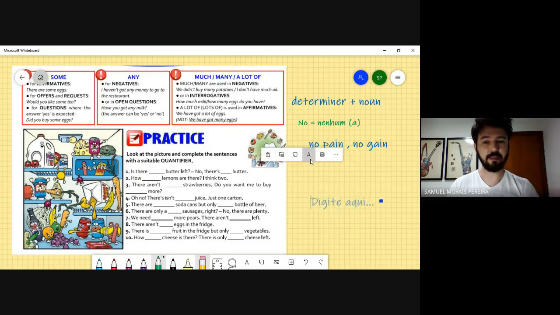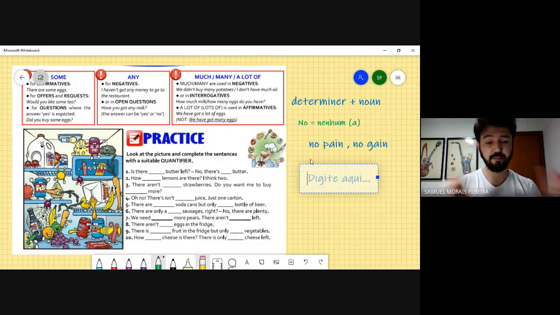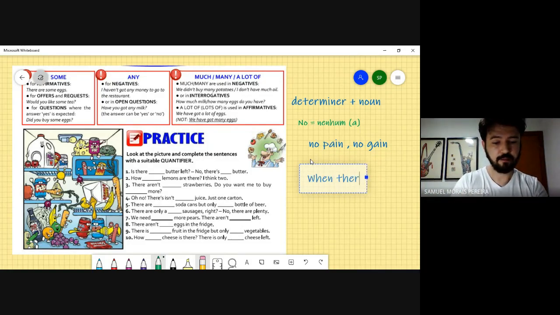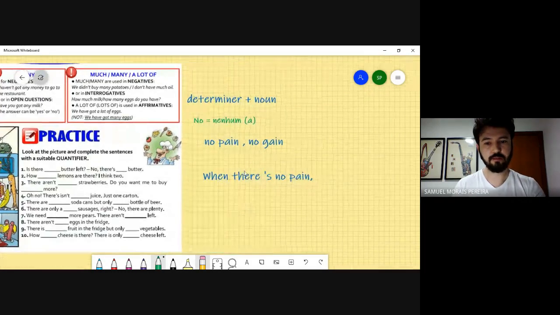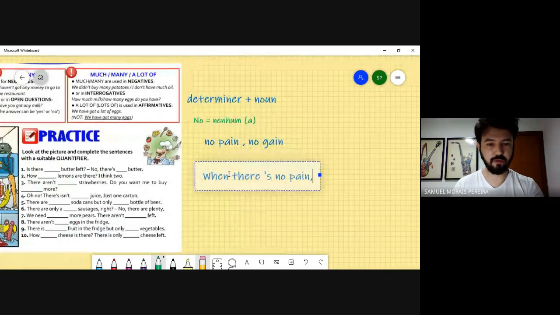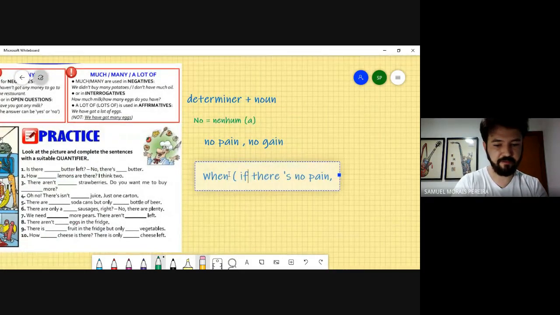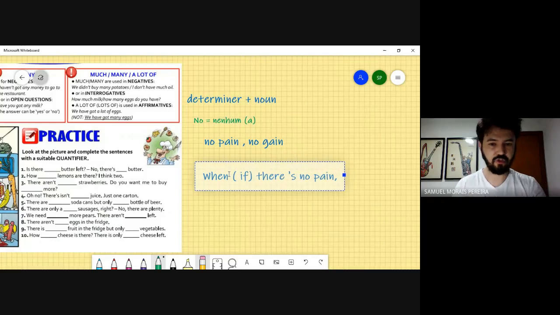The entire sentence, the whole sentence, né, a frase toda, seria mais ou menos assim, ó. When there's no pain, ó, quando não há dor, né? So, se não houver dor, aqui você pode subentender a palavra if também. Talvez, tipo assim, ó.